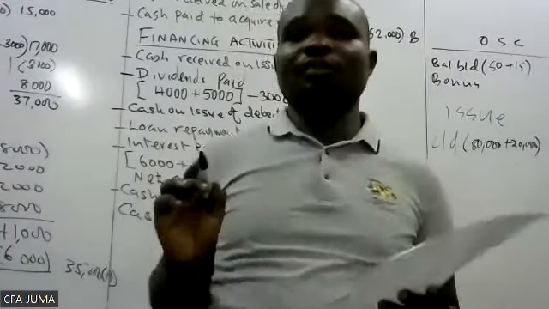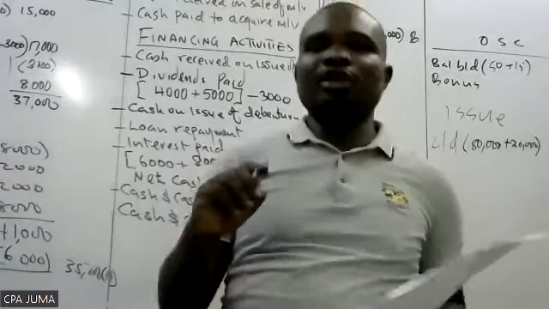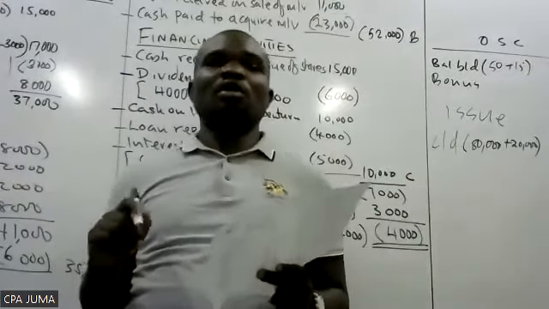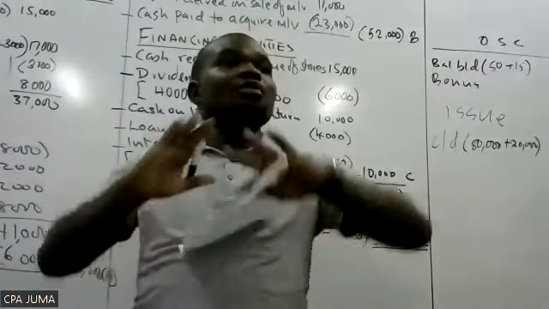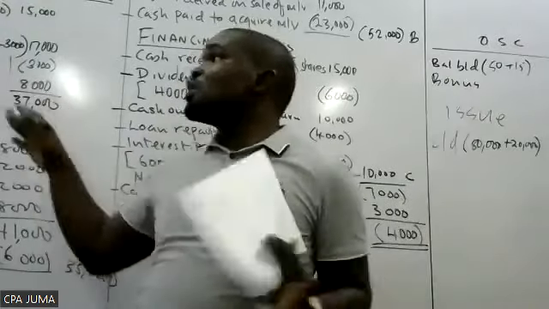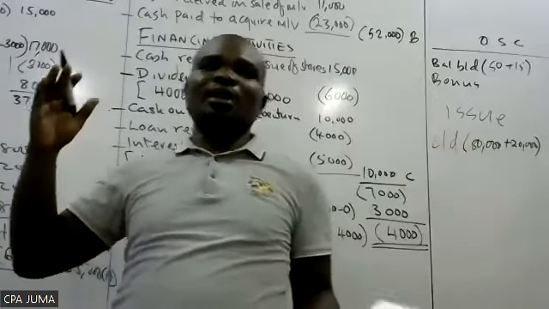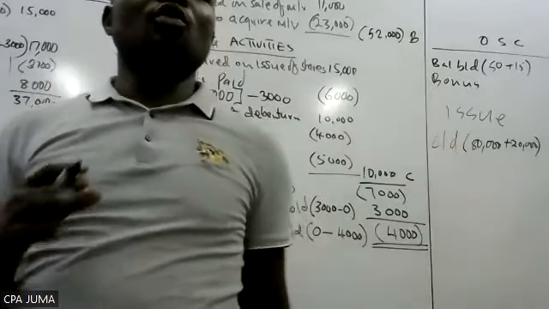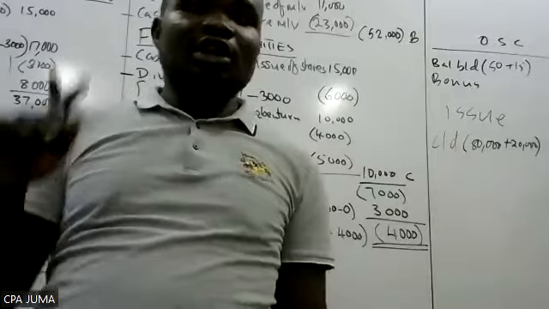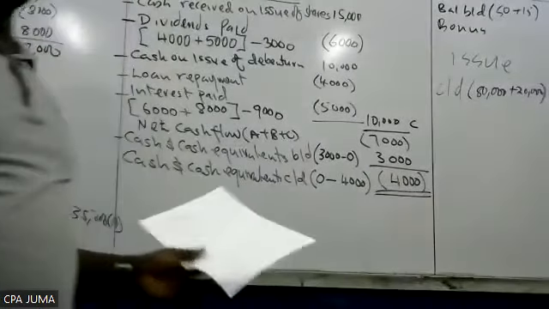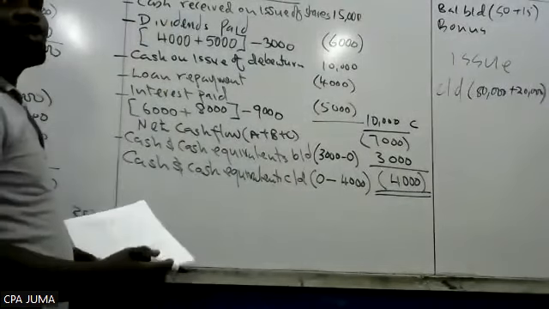So I was saying, I'm afraid you can be given a question where there is no profit at all. This one we have done, you are given net profit, so we are working backwards. But you can be given a question where there is no profit. If you are not given profit, this is what you do.